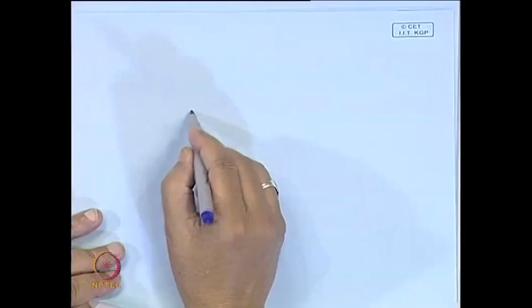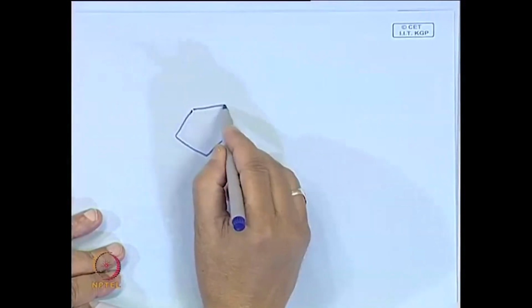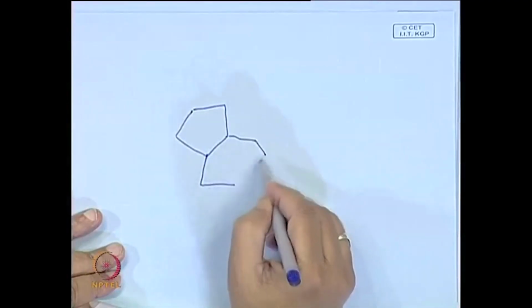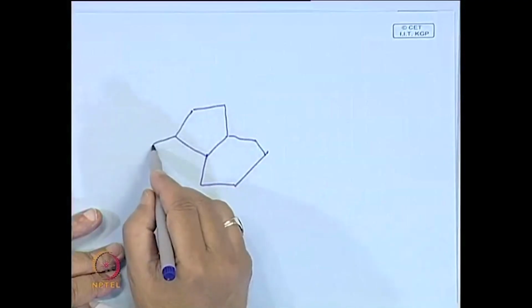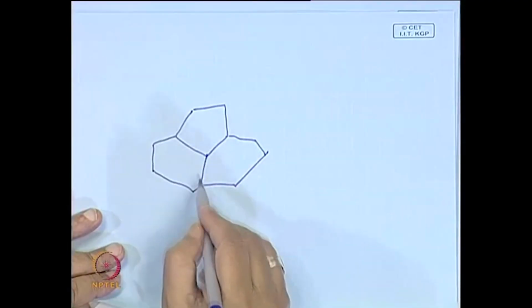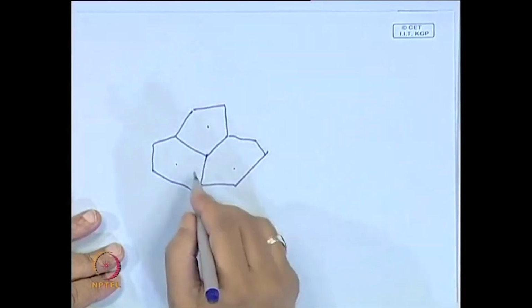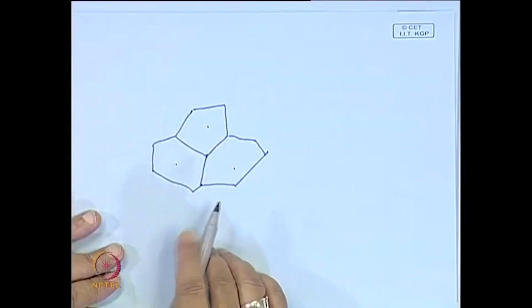When you look at the microstructure of a metal, what you see is several grains oriented randomly, something like this. Each of these grains may have a different orientation, and this will be the appearance of that microstructure.